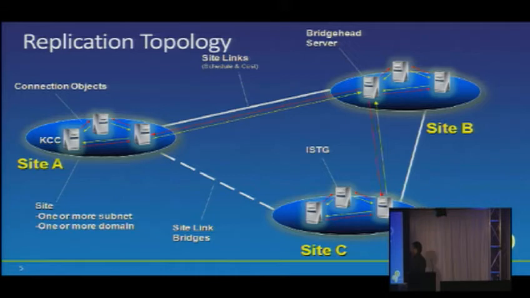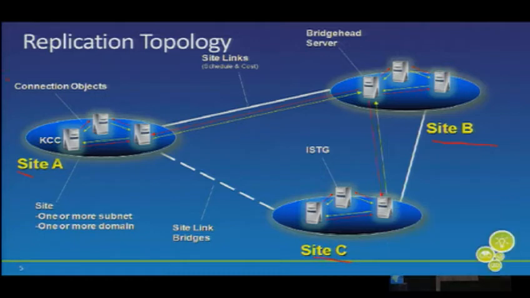If you see here, this is the replication topology. I just want to give a basic idea of what exactly replication is and how it works. We create a site. This is site A, and here is site B, and here's site C. And these are the domain controllers.